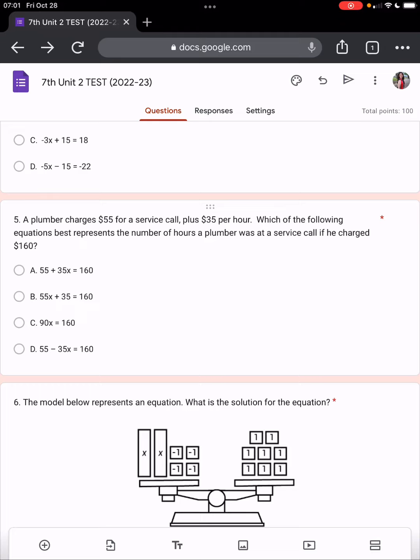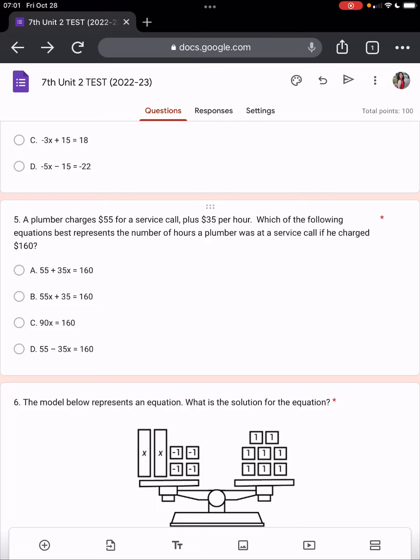Number 5. A plumber charges $55 for a service call, plus $35 per hour. Which of the following equations best represents the number of hours a plumber was at a service call if he charged $160? A. 55 plus 35x is equal to 160.